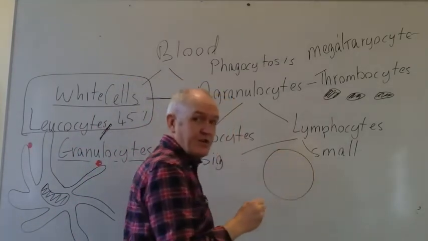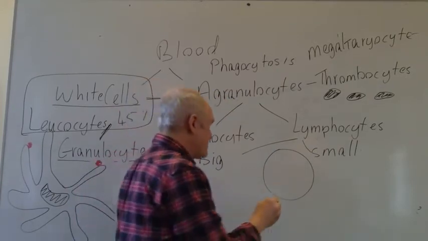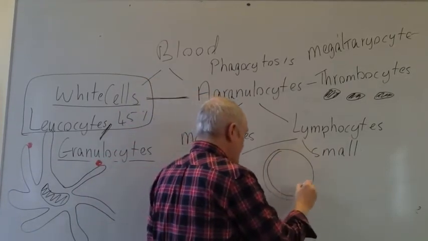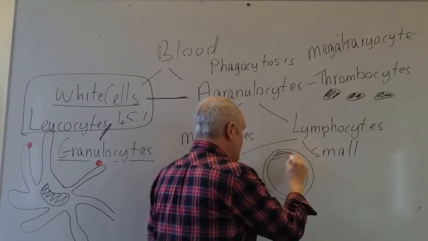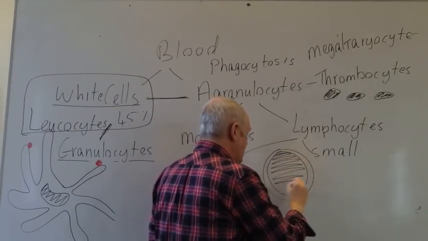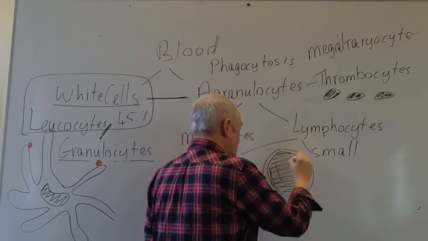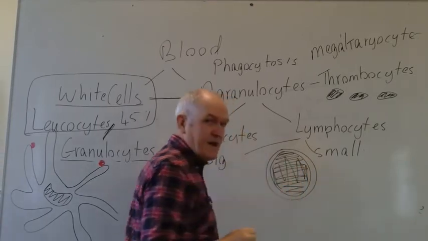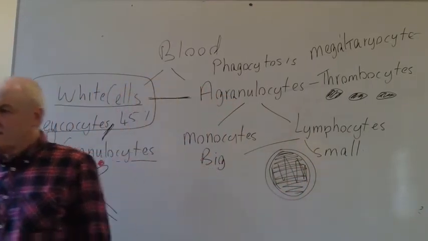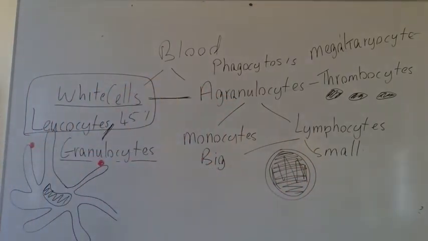Now the small ones tend to have a very large nucleus in comparison to the size of the cell. So a small lymphocyte would look something like that, a very large nucleus in proportion to the overall size of the cell.